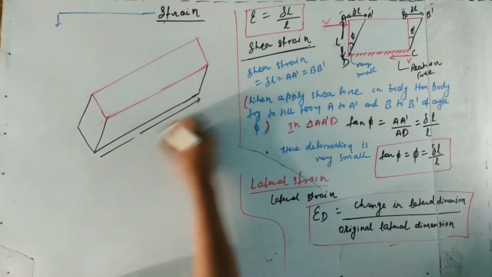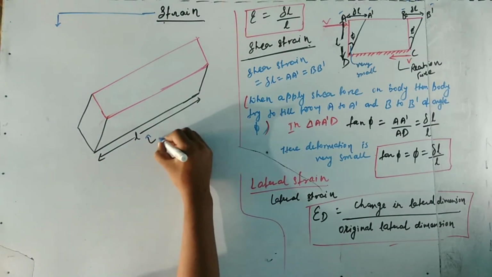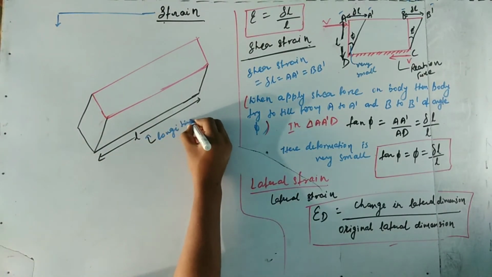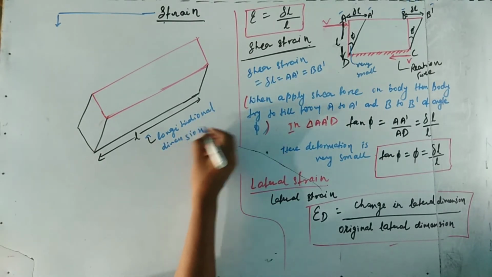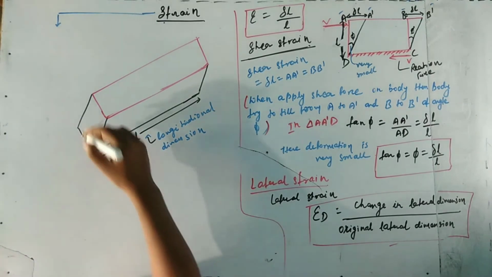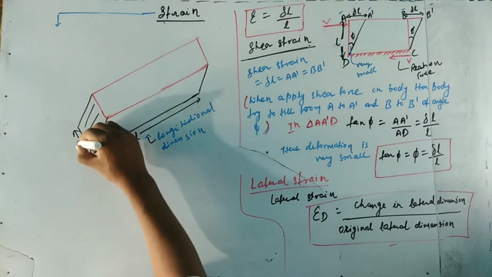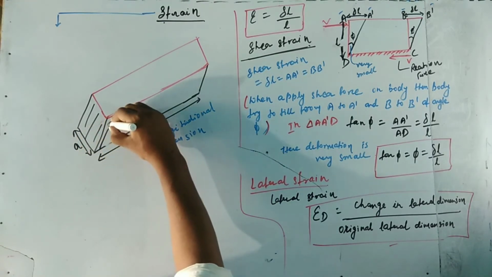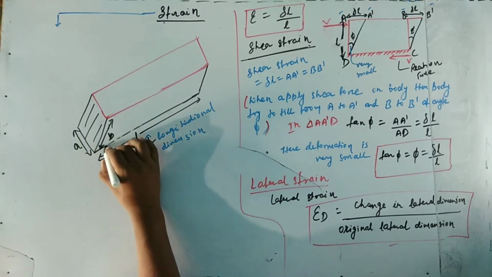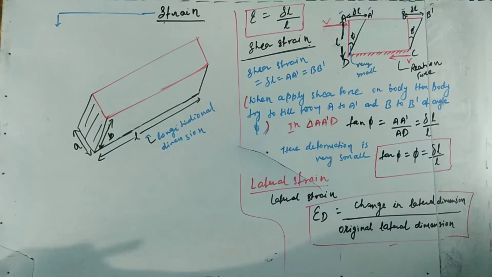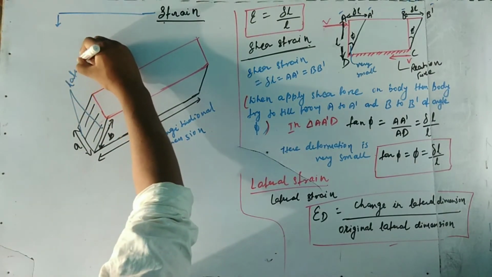This is the length L of the body, and the deformation along the length is called longitudinal strain. So it is the longitudinal dimension, and this cross section, A into B, is called the lateral dimension.